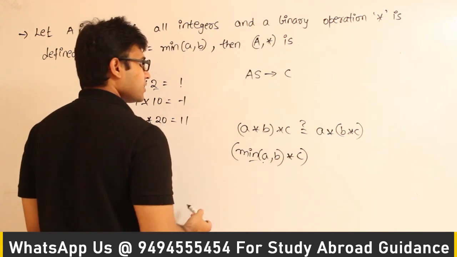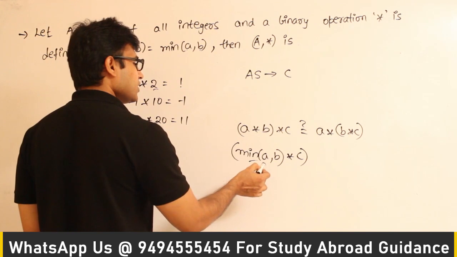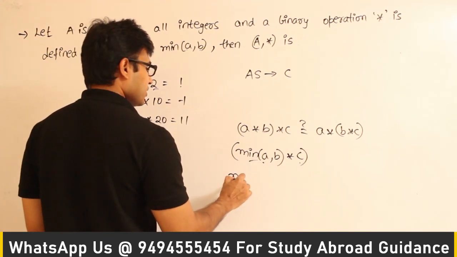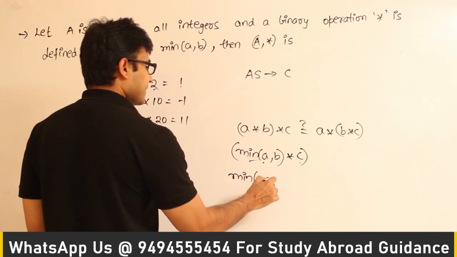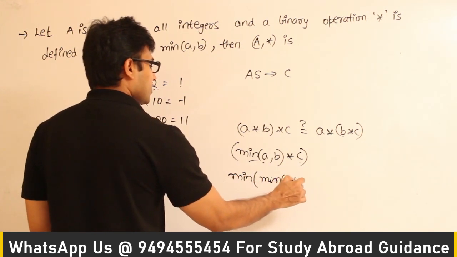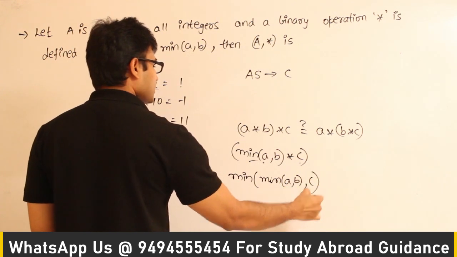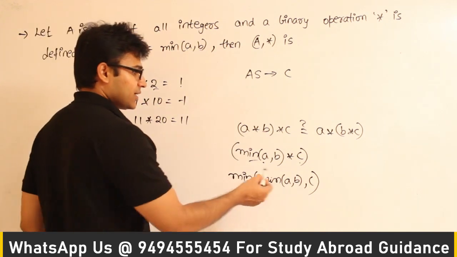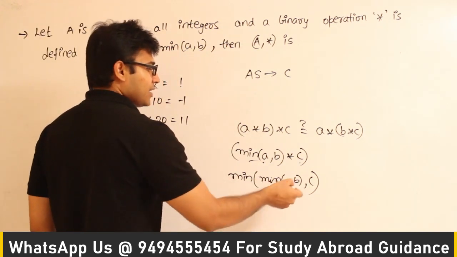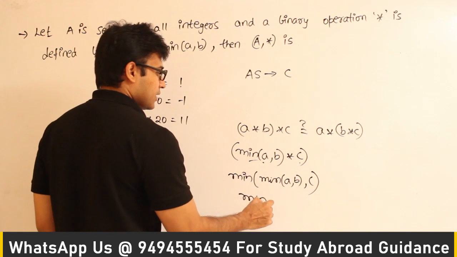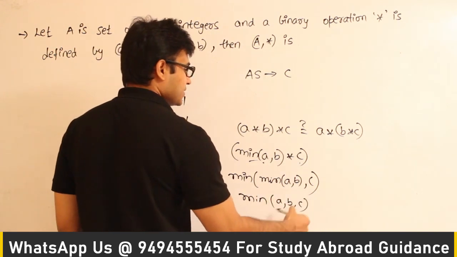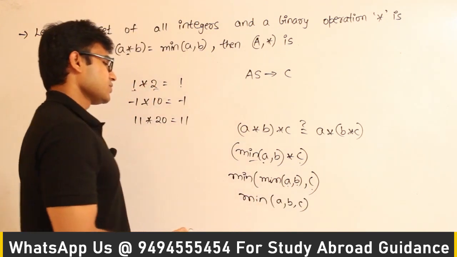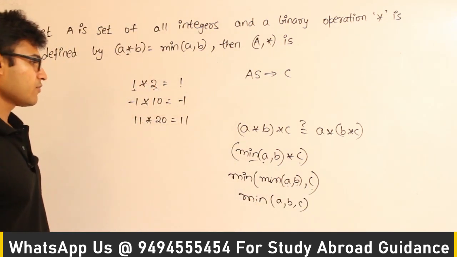When I apply star here, it is again finding the minimum between whatever we get here and C. Therefore it is nothing but the minimum of A comma B comma C, right? So that is the left hand side, which is ultimately finding the minimum of A comma B comma C, isn't it? Whatever minimum you get here, again you are comparing with this one. So the left hand side turns out to be the minimum of A, B, C.